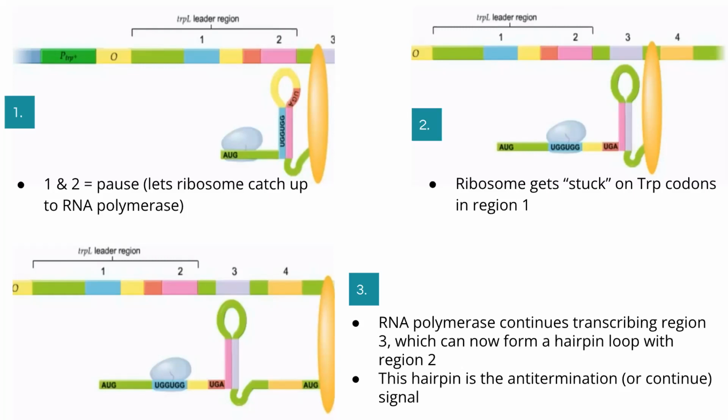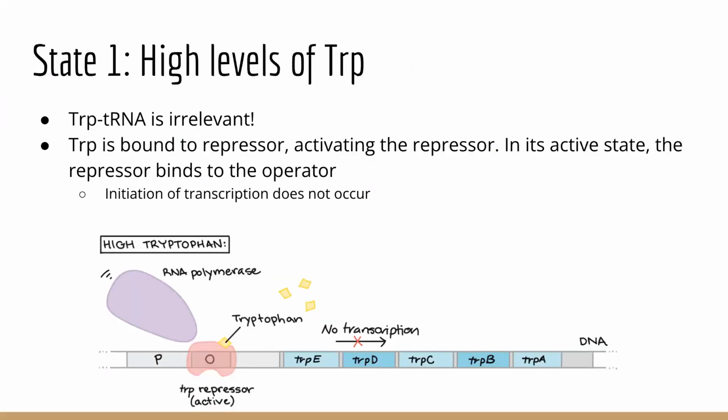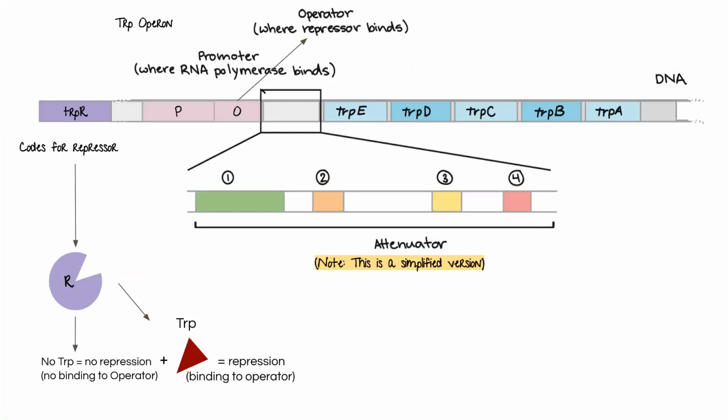Okay, so there's two things that control this. One is trip tRNA, which is tRNA that is actively carrying tryptophan, and the other is just the tryptophan itself, the amino acid made by this set of genes.